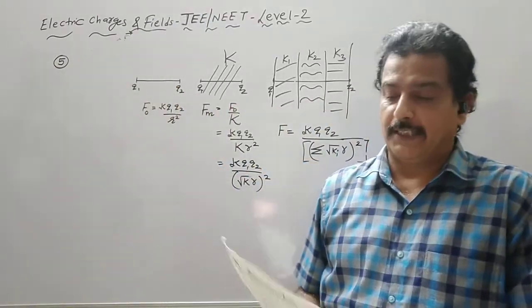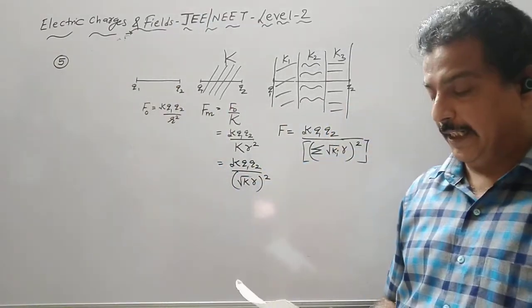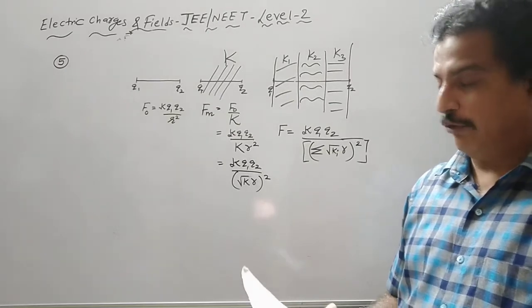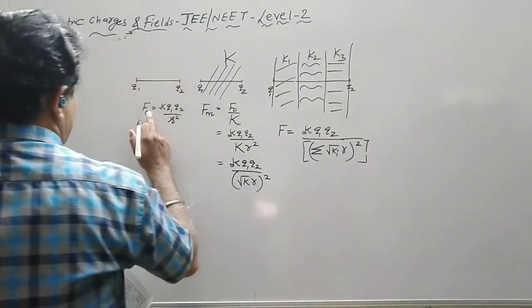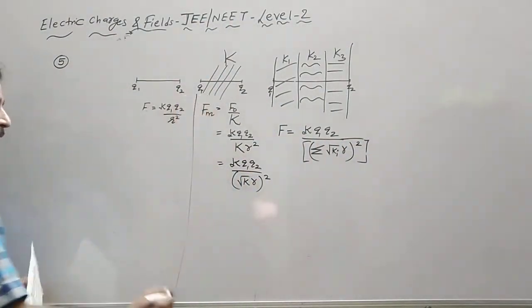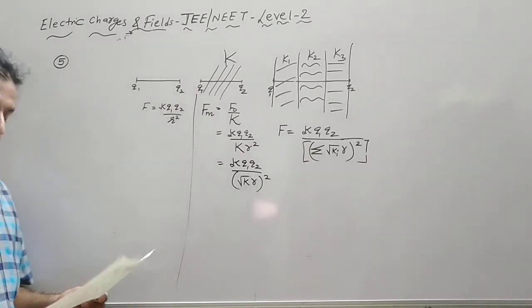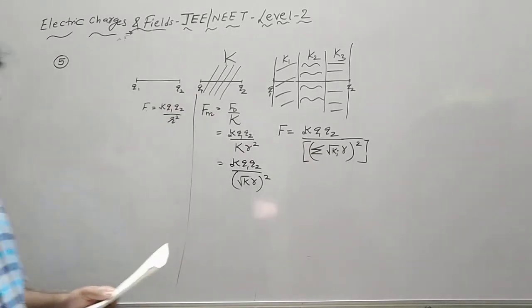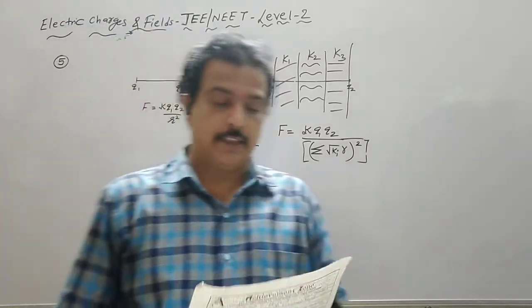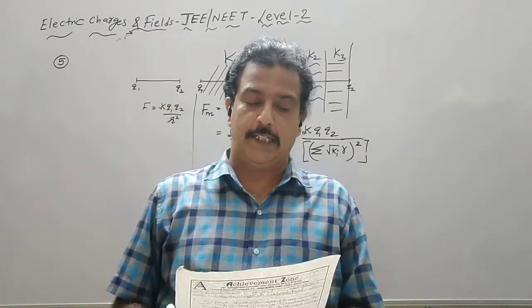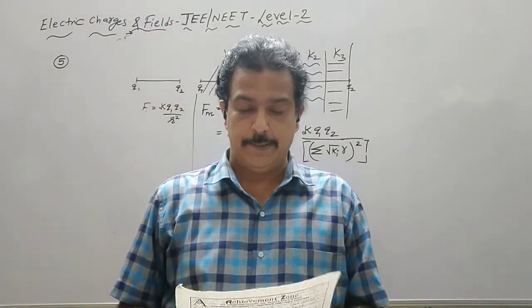Two point charges placed at a distance R in air exert a force F on each other. So this is given. Then the distance R dash at which these charges will exert the same force in the medium of dielectric constant K is.